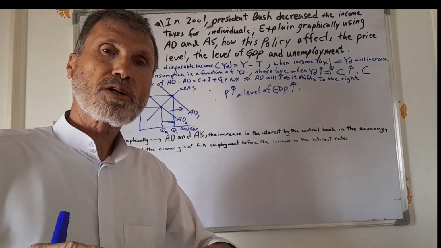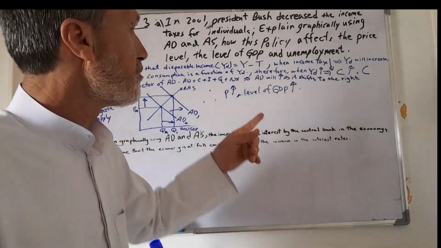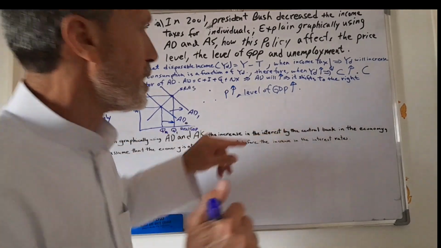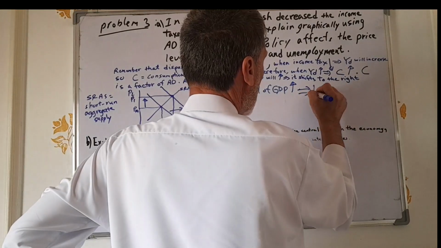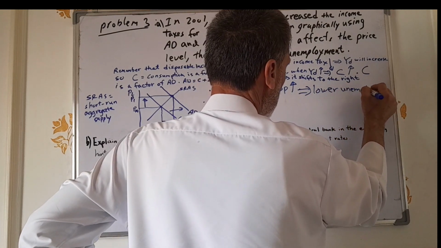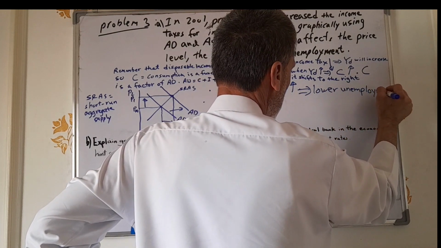Therefore, fewer workers are unemployed. Therefore, the increase in GDP means a lower unemployment rate. This implies a lower unemployment rate.